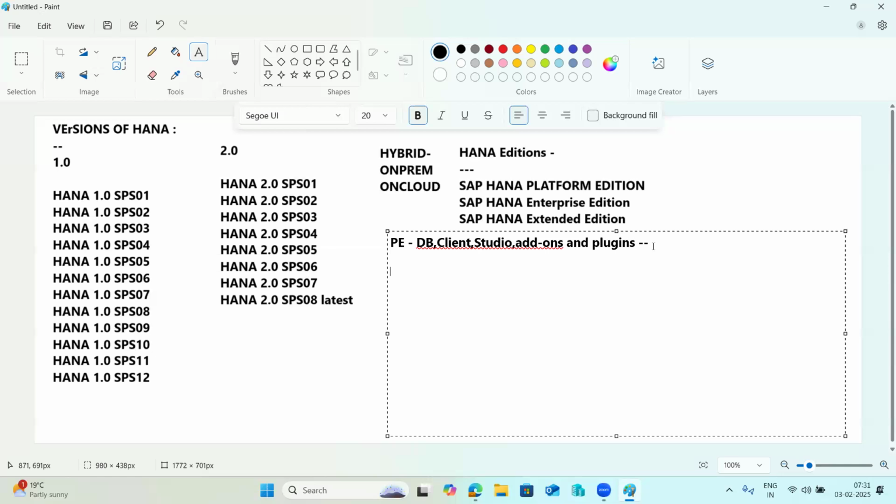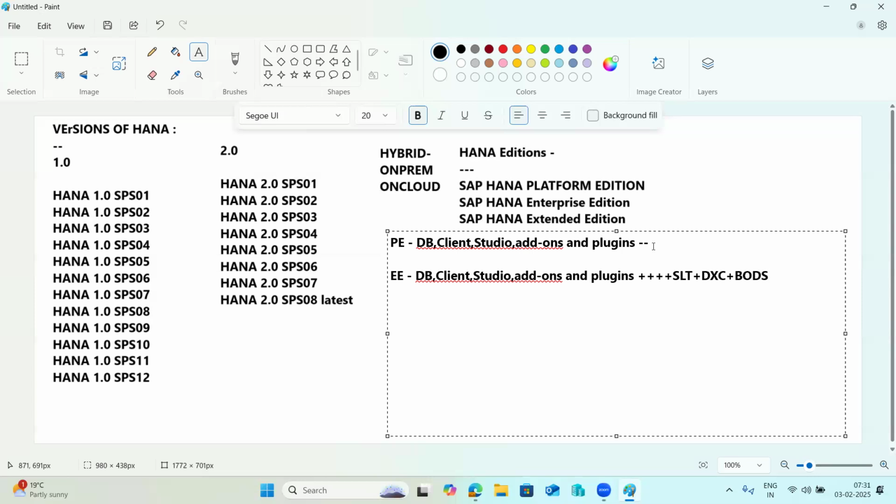Then if you take the enterprise edition license, you will get all those things plus additionally the replication functionalities: the SLT replication, plus the DXC database extractor replications, plus the BODS-related license also.